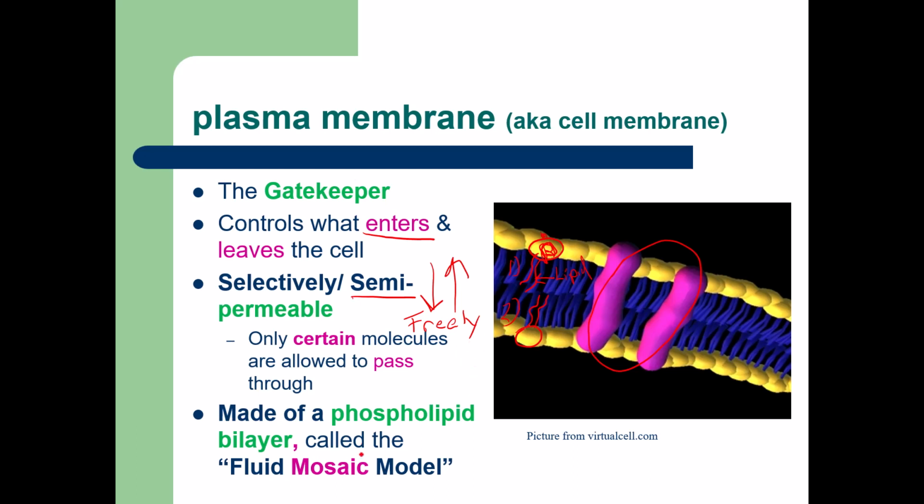And we also use this term fluid mosaic model because it has all these things structured throughout here. You may remember a mosaic, if you've ever seen a stained glass window, is a bunch of different pieces put together. However, different from a stained glass window, which is fixed and stationary, not moving, static, we have a very dynamic flow.